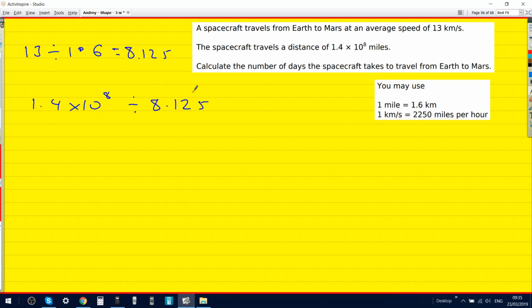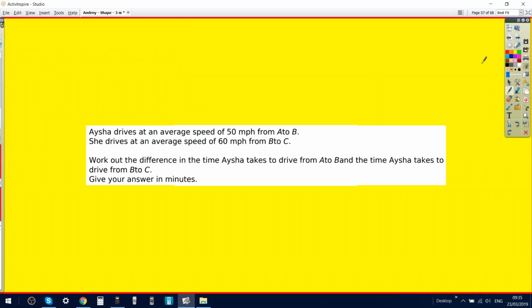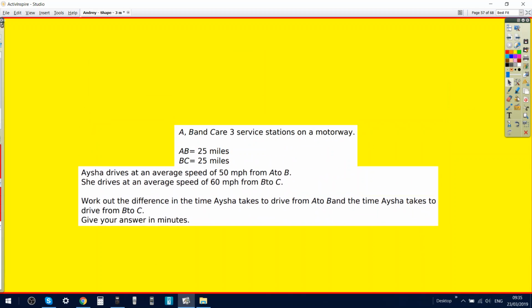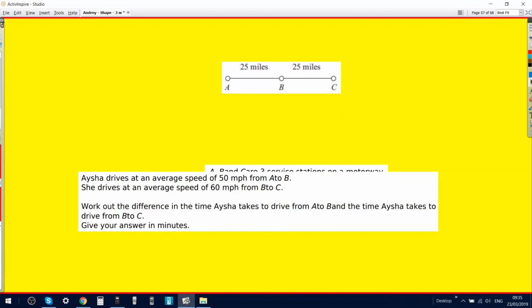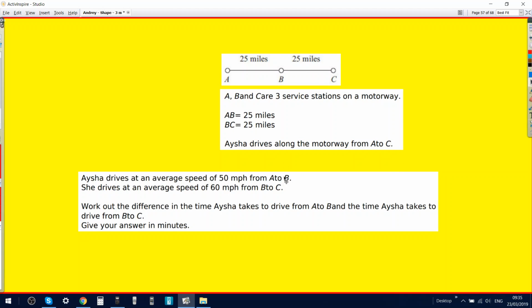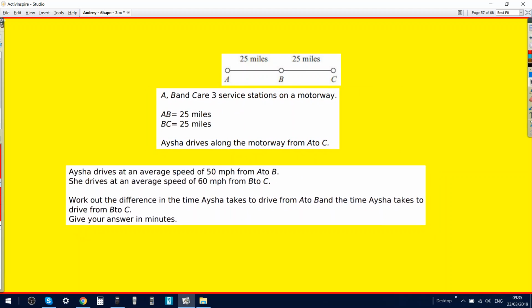Okay. Let's take a quick look at this. So that's distance, that's speed. That's miles. Yeah, fine. Okay. You need to practice these ones. Try it.